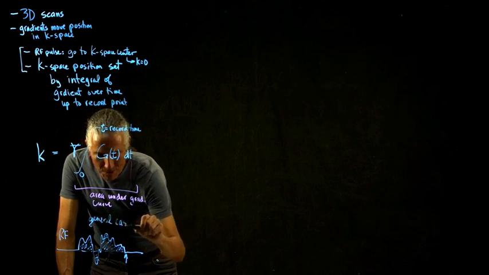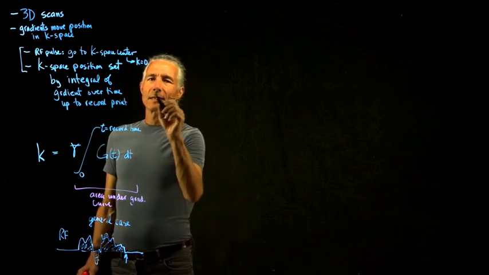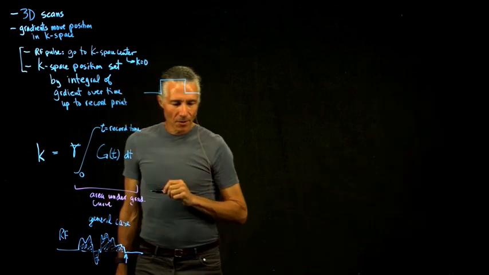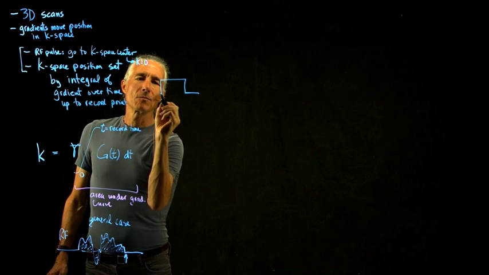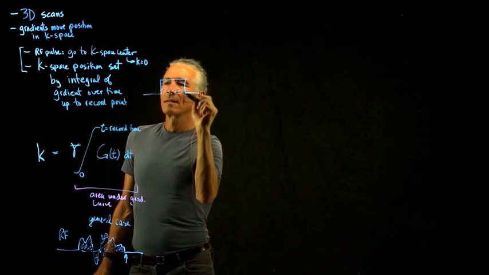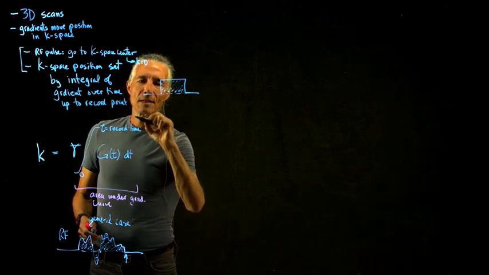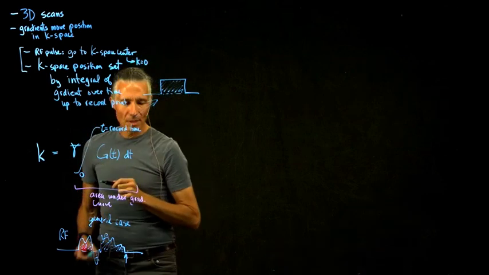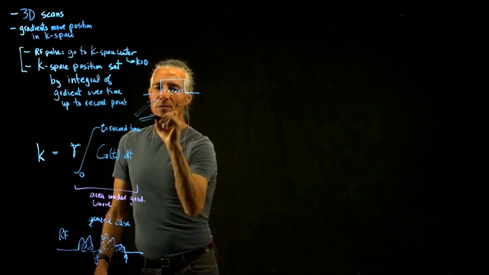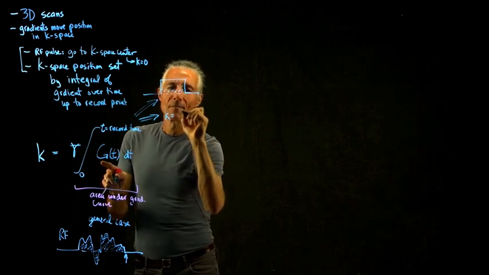But most of the time we're thinking of a much simpler case, like something like this. We just turn the gradient on like a square. If we turn the gradient on like a square, all we need to do is find this area. With a simple setting like that, this equation just turns into K equals gradient times time.